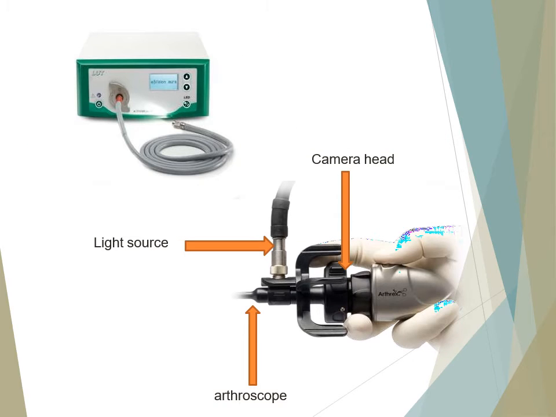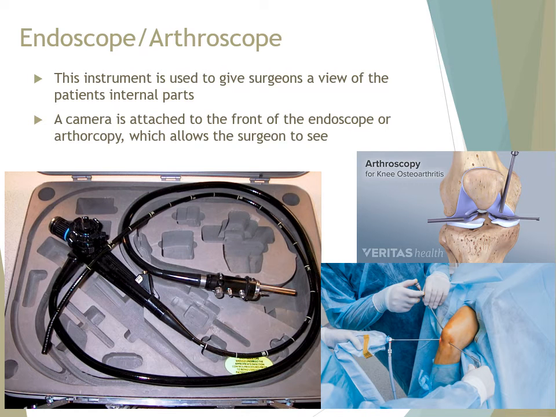And so this is your light source, the arthroscope, and the camera head. They have already been attached. Notice the hand there is gloved. And if you look at the next image, you will see that the person is gowned.